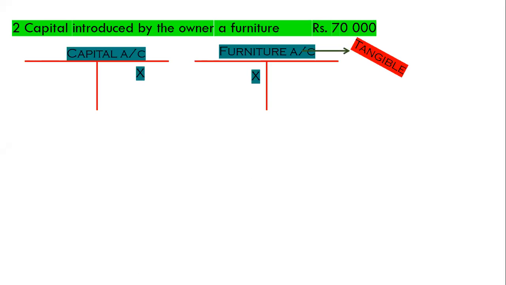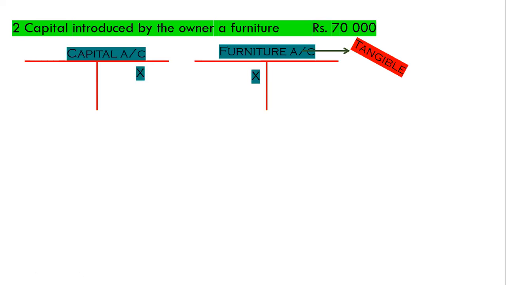If a student is absent from class and sees only the answer on the screen, you can't understand anything. You must know first we got furniture, a tangible thing, debit side. We received the furniture, so furniture account debit. Therefore, capital account credit.